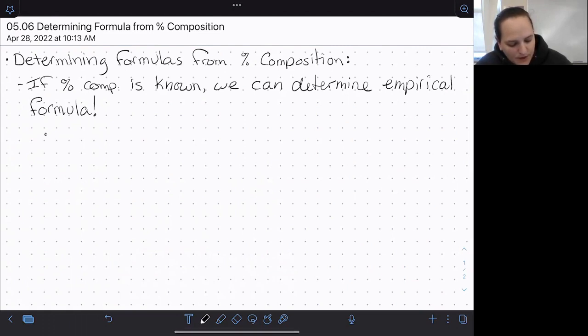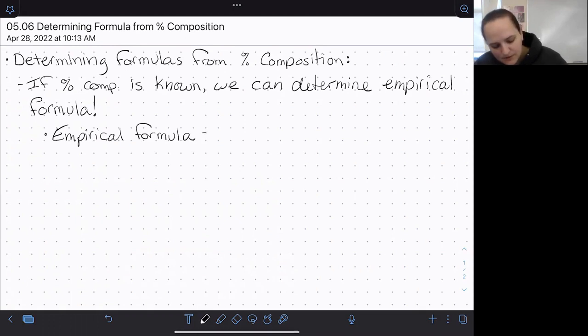So remember that our empirical formula is the simplest whole number ratio of atoms.